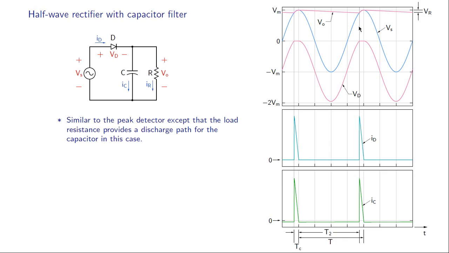At this point, the input voltage rises again above the output voltage, that is the P end of the diode is now higher than the N end of the diode, and the capacitor gets charged again.